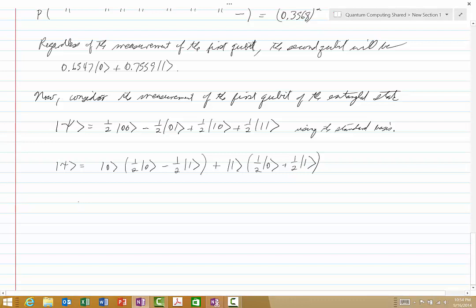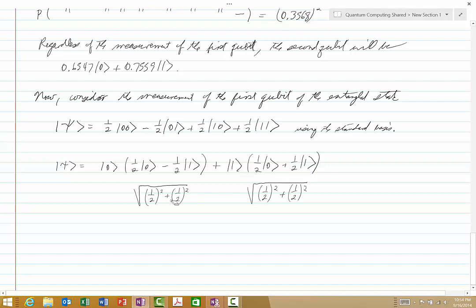And now, if we proceed in the normal way, we will want to divide and multiply this term by the square root of 1/2 squared plus 1/2 squared, and we will divide and multiply this term by the square root of 1/2 squared plus 1/2 squared.